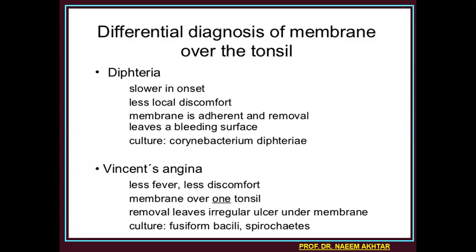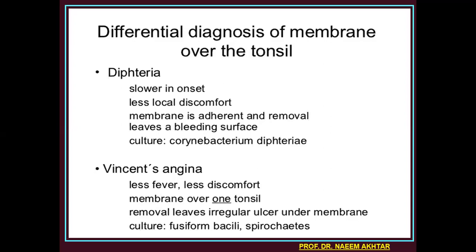Diphtheria is slower in onset, with less local discomfort. The membrane is adherent, and when you remove the membrane, there is a bleeding surface. If you take a throat swab from the membrane and culture it, you will find Corynebacterium diphtheriae.